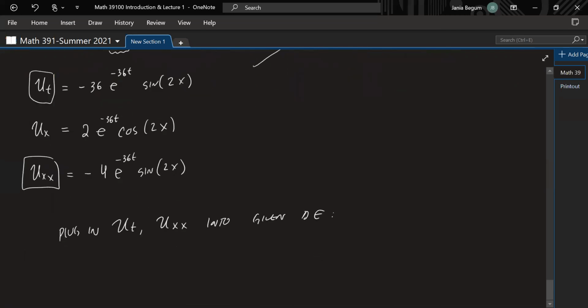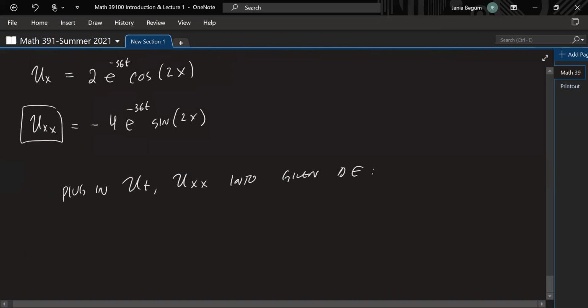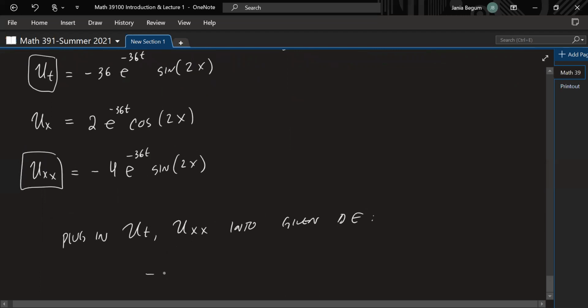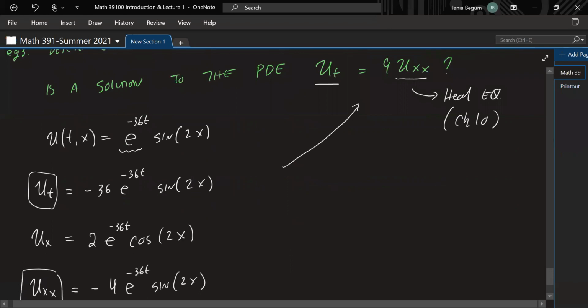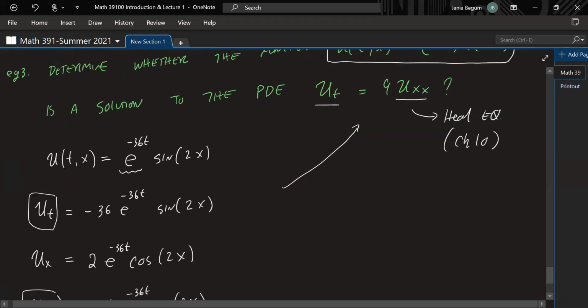So that's going to give us the following. We have u sub t, which is negative 36 e to the negative 36t sine of 2x. I want to know if that's equal to 9 times u sub xx.